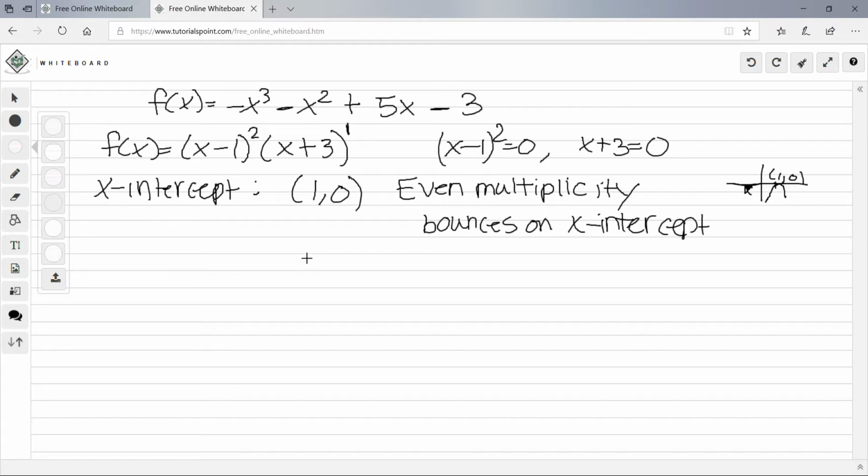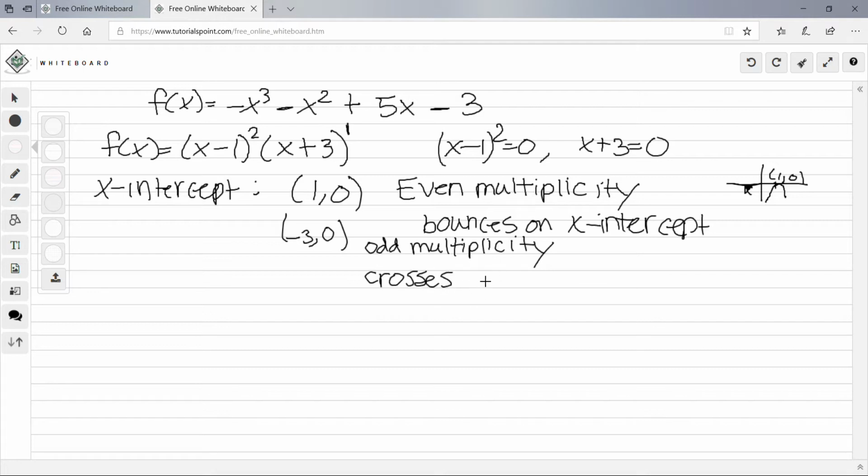And then our other x-intercept is -3, 0. Where we got this one is from this. And then this has a multiplicity of 1. So that means it's an odd multiplicity. And what that means is it crosses the x-intercept.